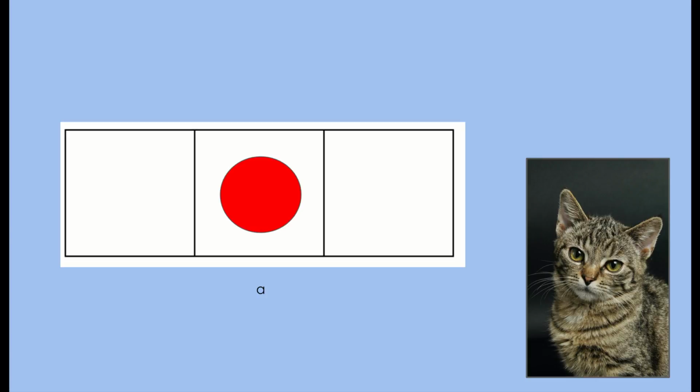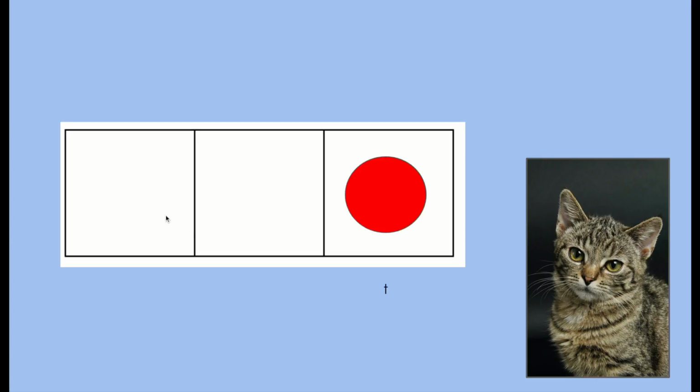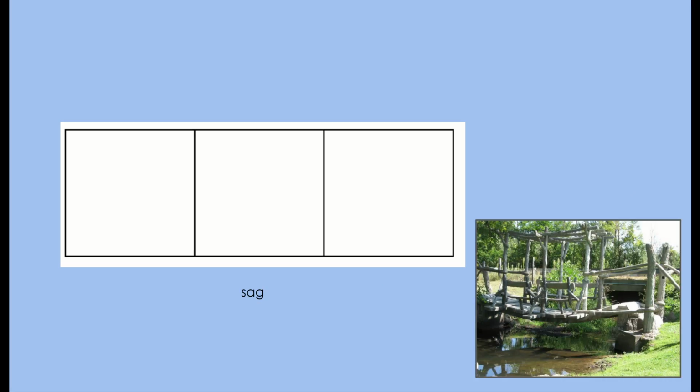K, at, cat. And the last word today is the word sag, like the bridge is sagging. The first sound in sag is s. Next sound a, and the last sound g. Sag.